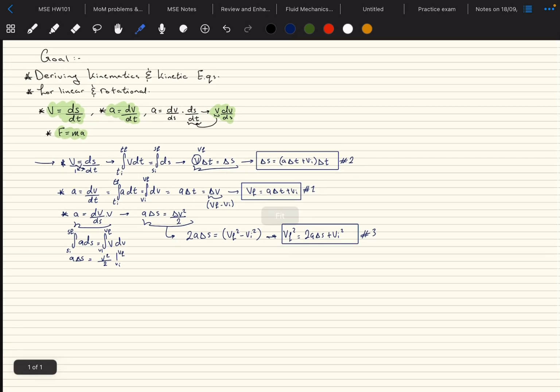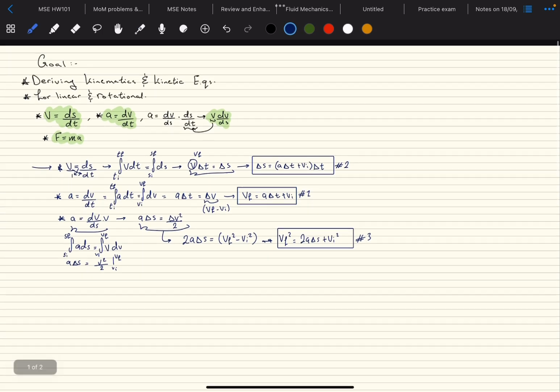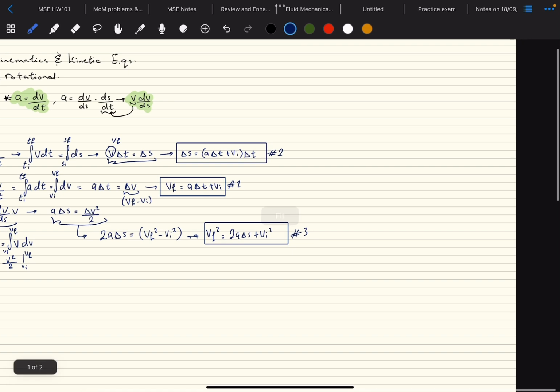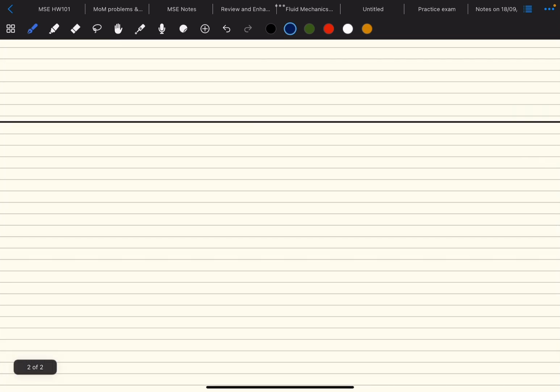All right, so let's move on to kinetic equations. For the kinetic equation, we start off with F is equal to ma. Now, if you remember, a is equal to dv/dt or v dv/ds.